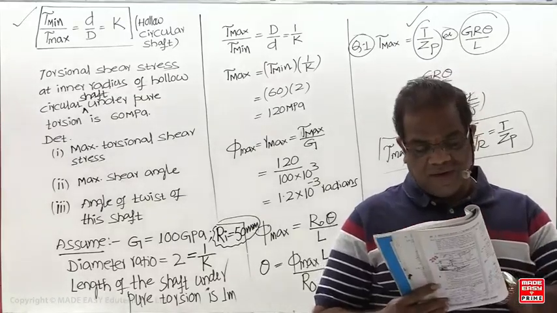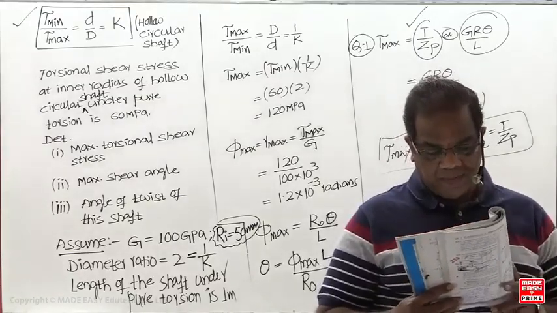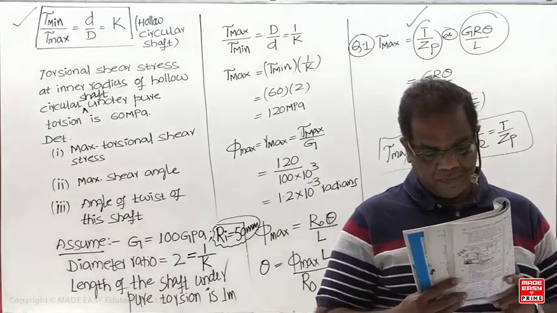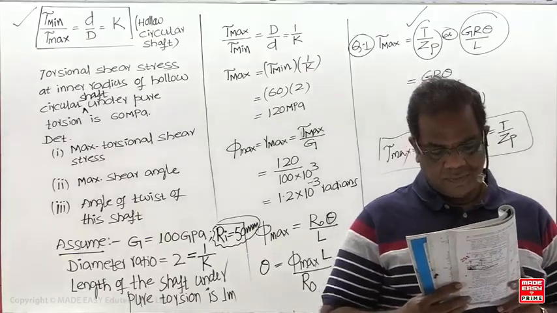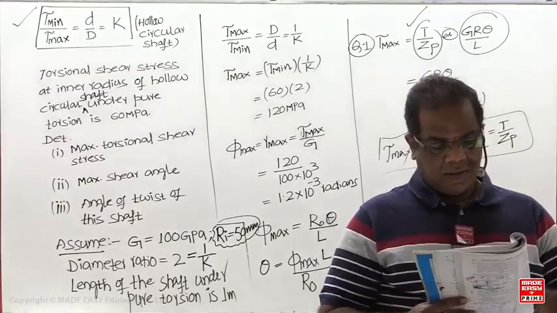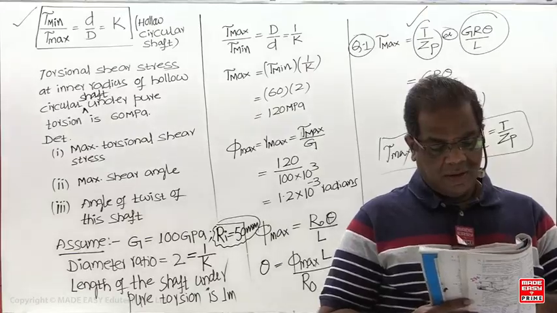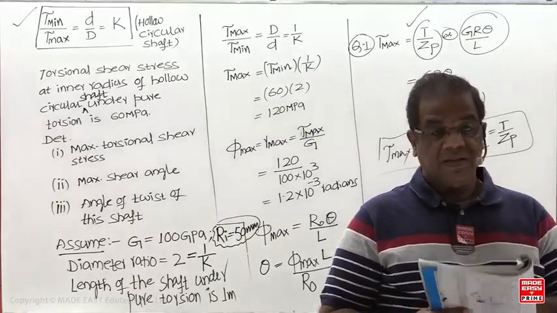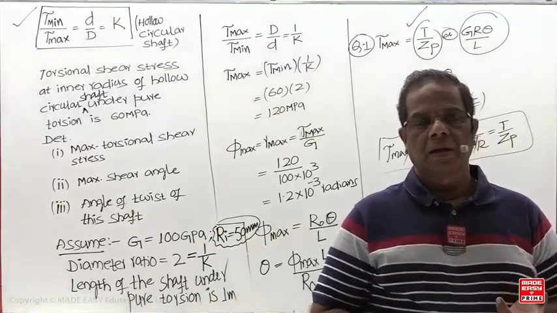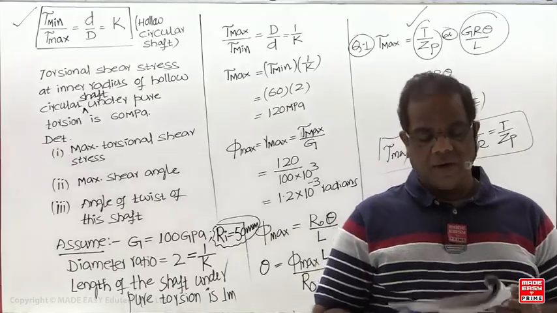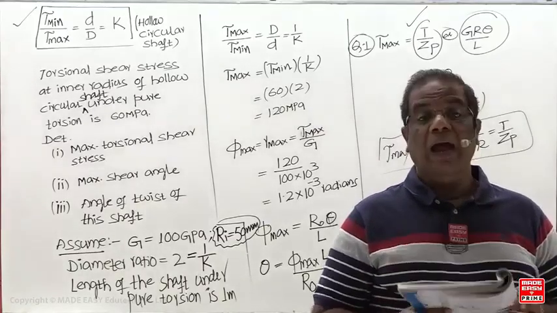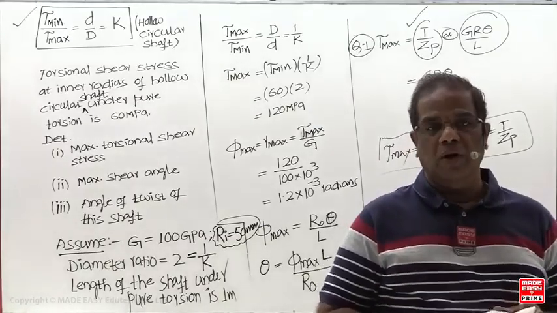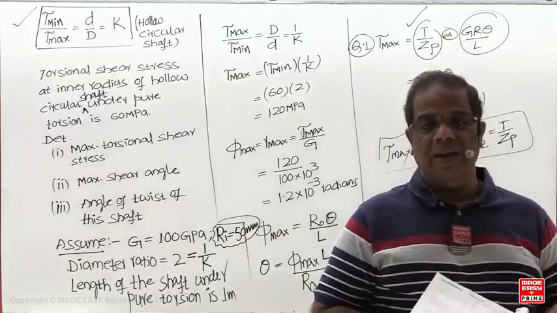In this question what is given now? Diameters are same. Same diameter is given. Then what will the answer be? What is the question asking now? Hollow to solid is asked. Hollow to solid, then the ratio should be less than 1.